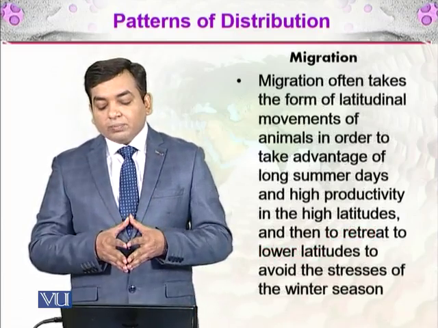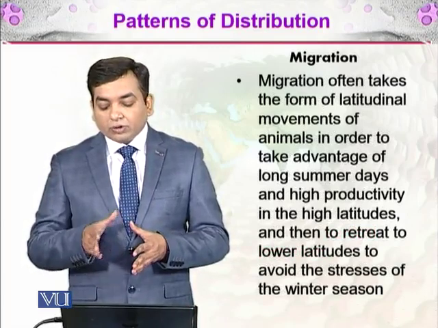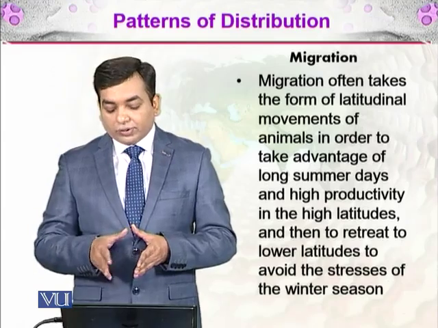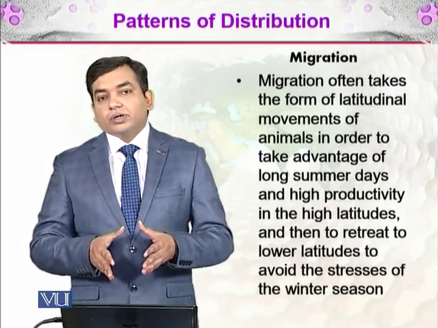Then, migration often takes the form of latitudinal movement of animals in order to take advantage of long summer days and high productivity in the high latitudes, and then to retreat to lower latitudes to avoid the stresses of the winter season.